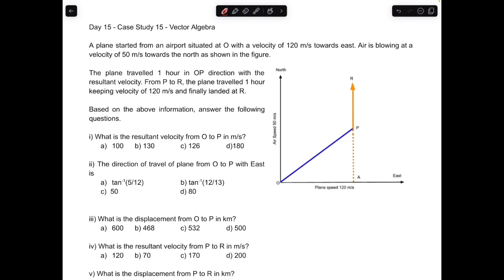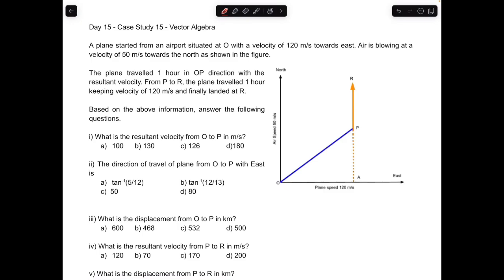The plane traveled 1 hour in the OP direction with the resultant velocity. From P to R, the plane traveled 1 hour, keeping velocity of 120 meter per second and finally landed at R. Based on the above information, answer the following questions.